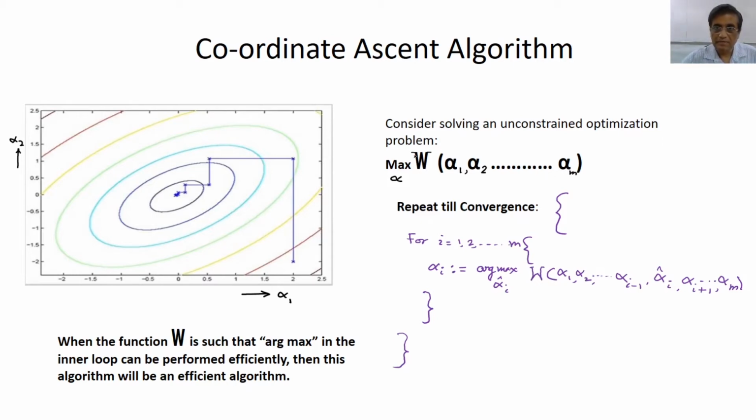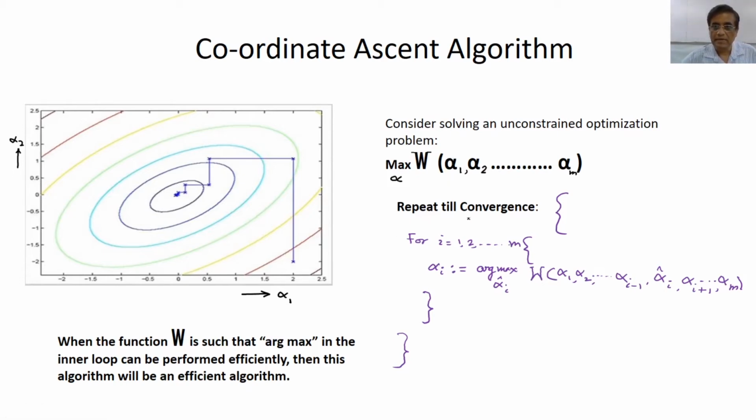Then, if the optimization is done, we take that alpha value by the argmax function and keep it constant. Then take alpha 2, making all others constant, and again re-optimize W. This is the way the algorithm works.